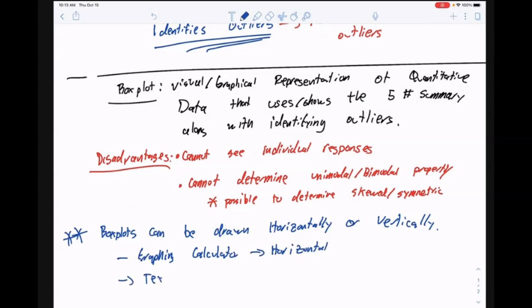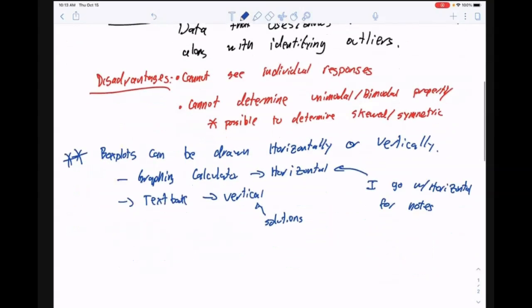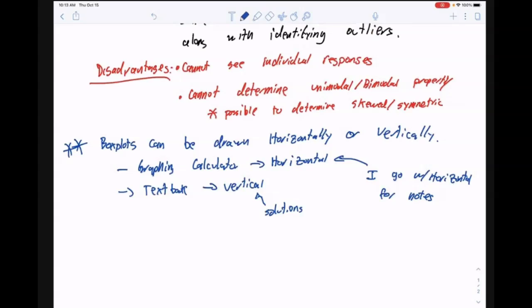The textbook will show vertical. I go horizontal for notes. But the solutions might show vertical. All right, so the solution guides might show vertical, but it's the same thing. It's just that you're drawing it up and down versus left and right. It's going to be the same thing.